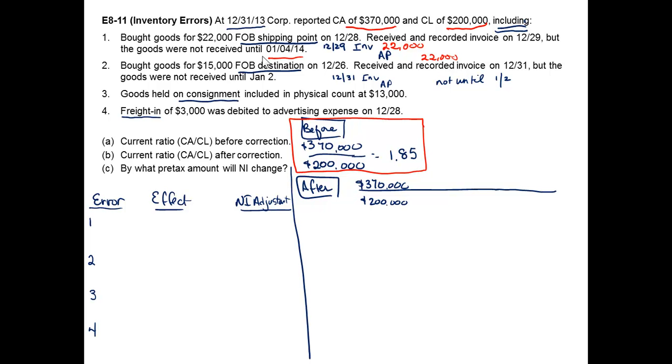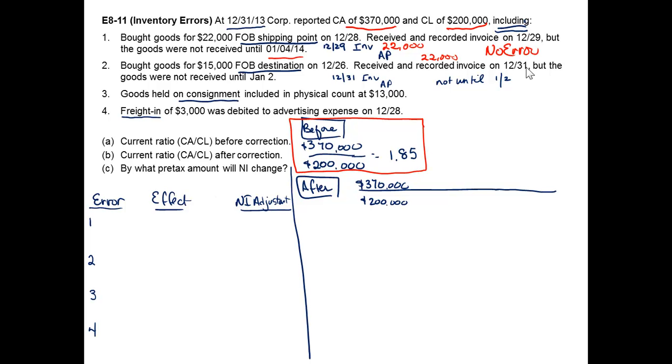Well, that's okay because it's FOB shipping point and the title to the goods passes when they're shipped on December 28th. So even though those goods are in transit, they would be included in our inventory and included in our payables. Thus, there is no error.